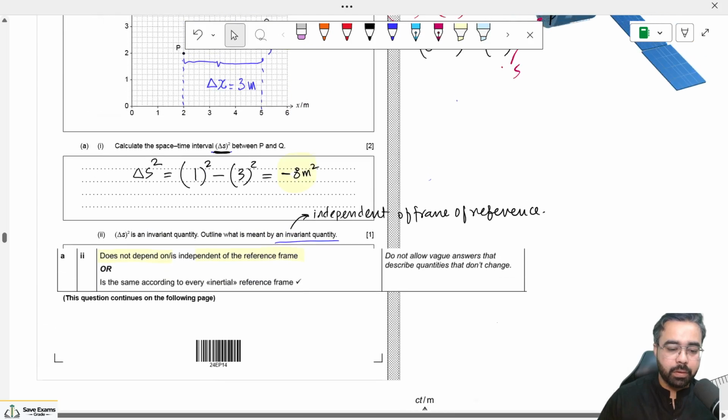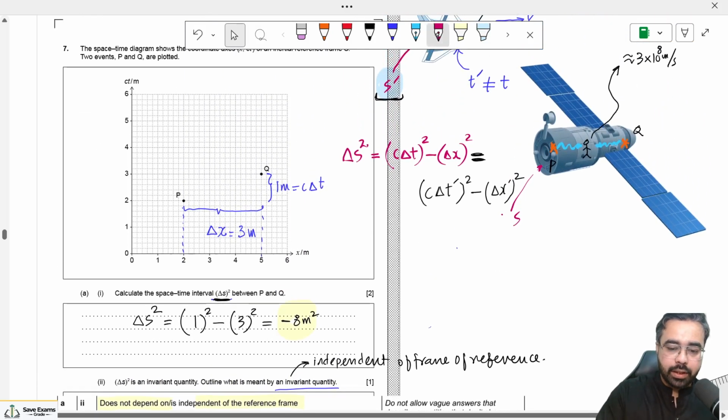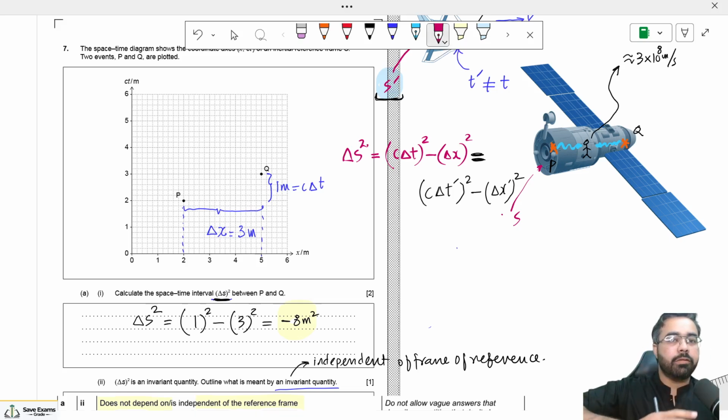You remember what has been told to us, that this P and Q event occur at the same time in both frames of reference, in the S frame as well as in S prime.